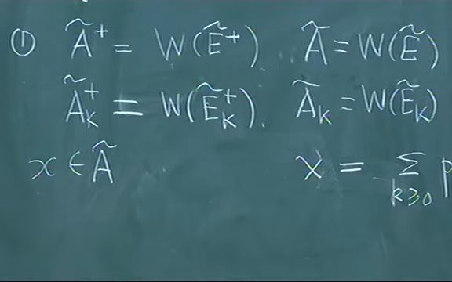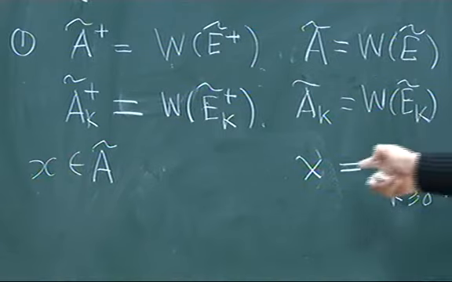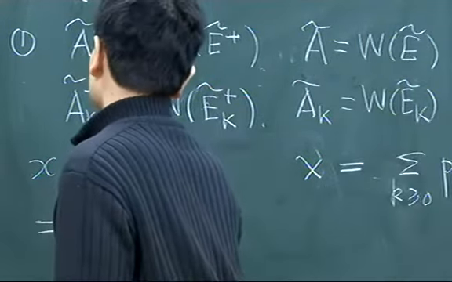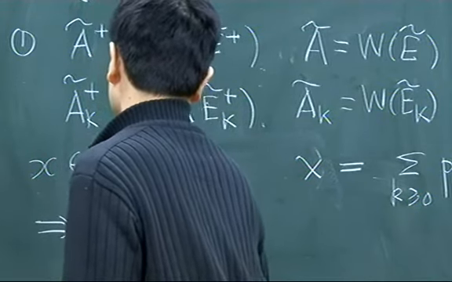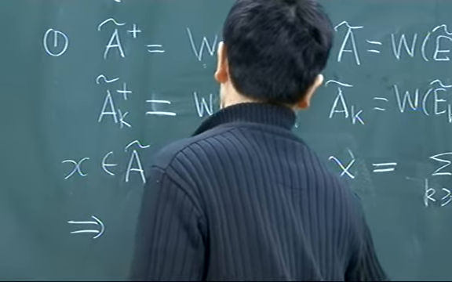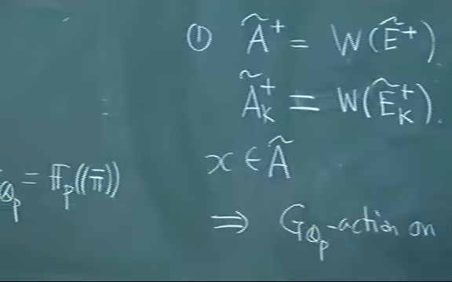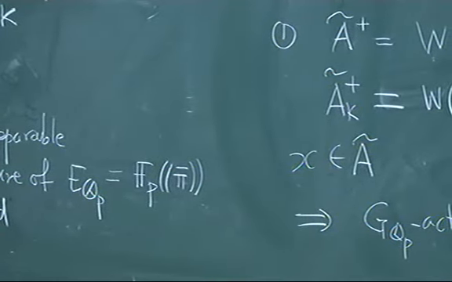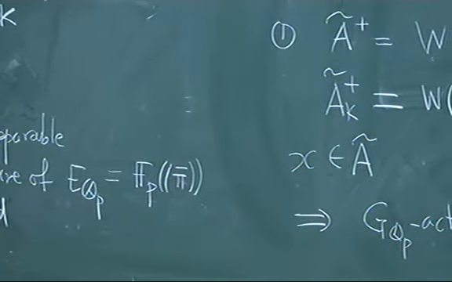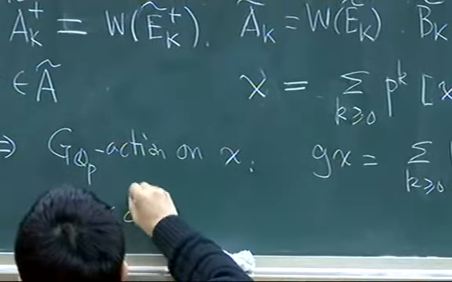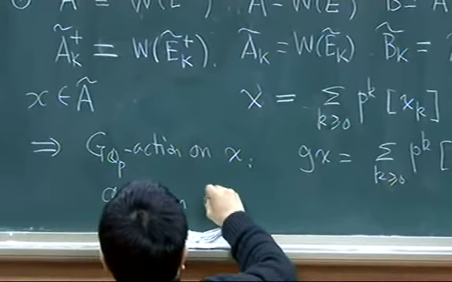So how do you get this? So you have x is this, then you have the G_{Q_p} action on x. So this is easy. Say g x is just p to the k times g x_k. And you have the phi action on x.